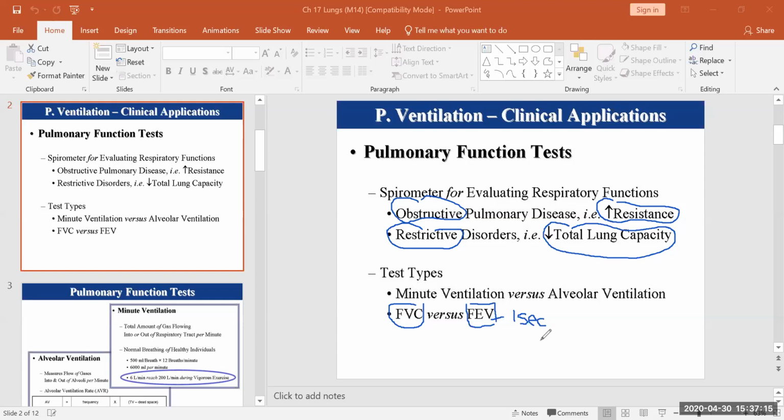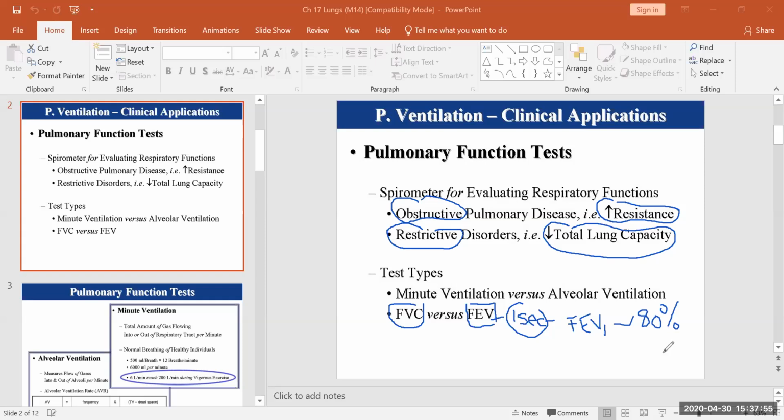That gives us an idea about the condition of his or her lungs. For example, for the first second, we mark that as FEV1. If the patient breathes out 80% of the air that was in his or her lungs during that 1 second, then the patient's pulmonary function is normal.